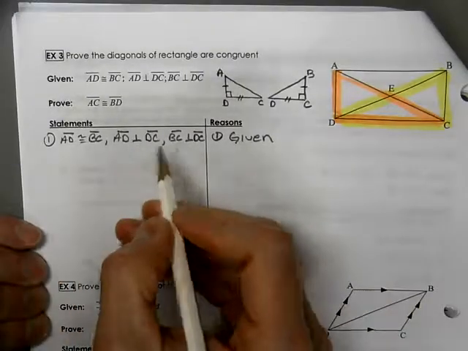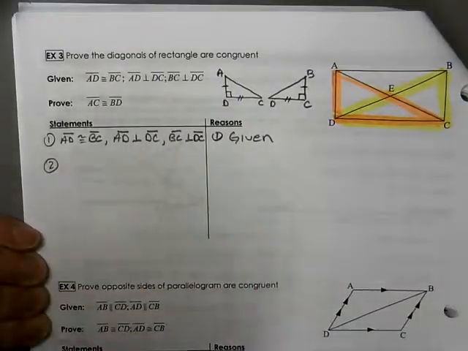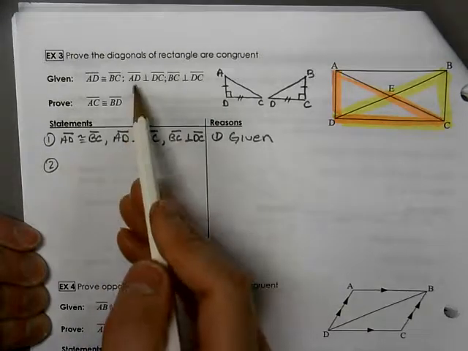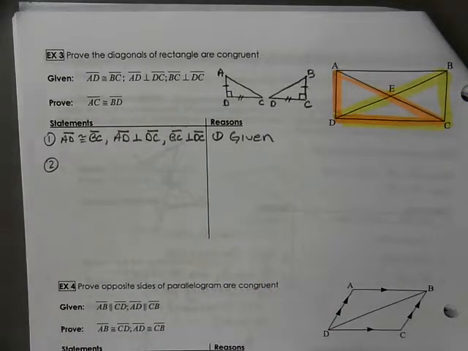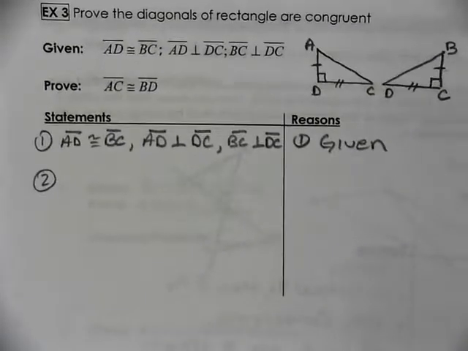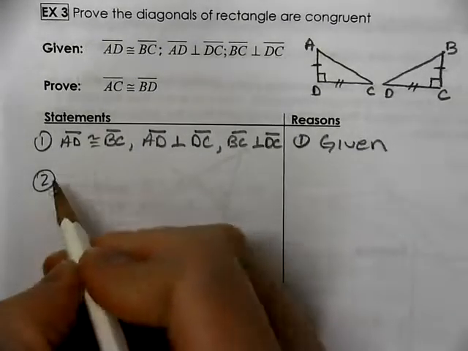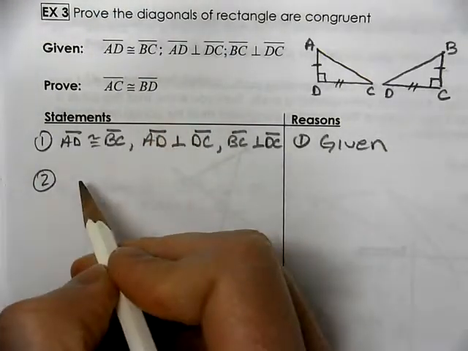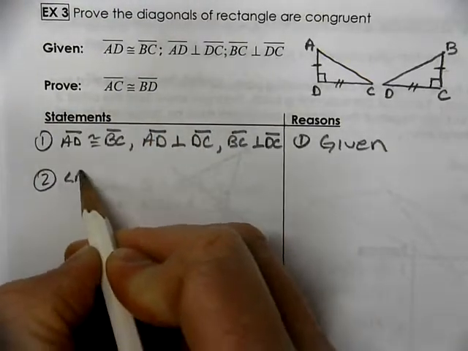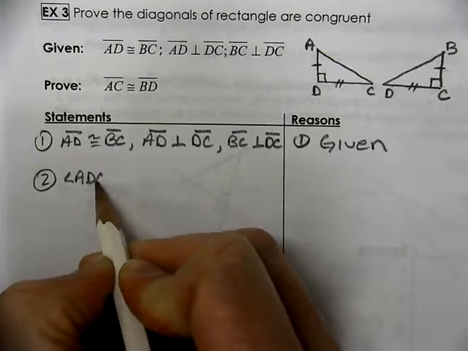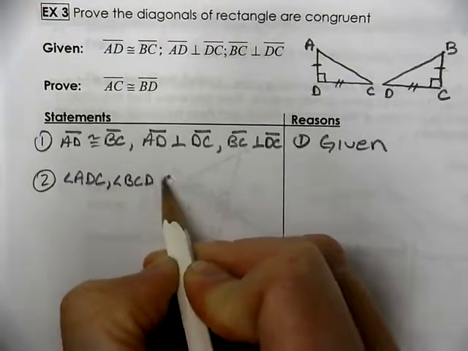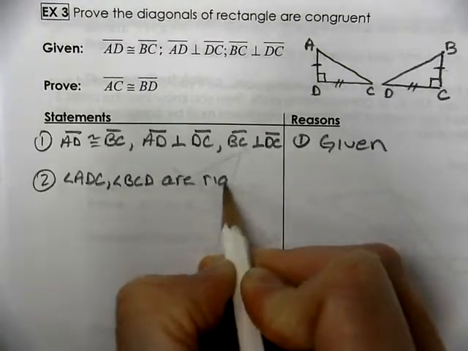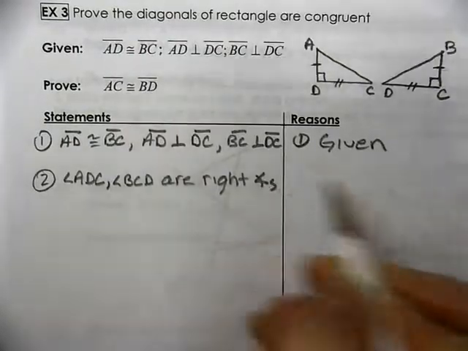Now what does this perpendicular stuff tell us? What do we always say when you have two segments that are perpendicular to one another? We have right angles. So angle ADC, angle BCD are right angles.